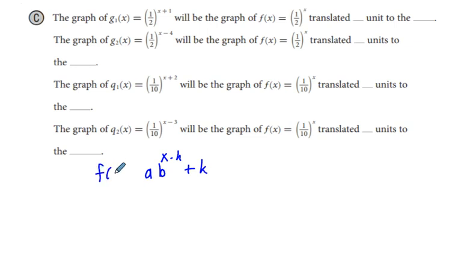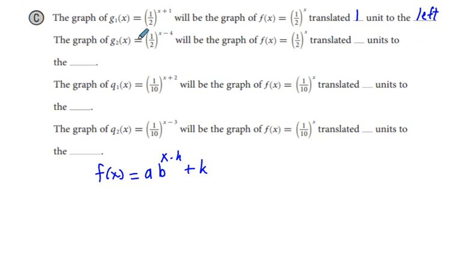So this h and k involve the horizontal and vertical translations respectively. So this x plus 1 is going to translate 1 unit. X plus moves to the left, x minus moves right. So 1 unit to the left. That's in the place of h.